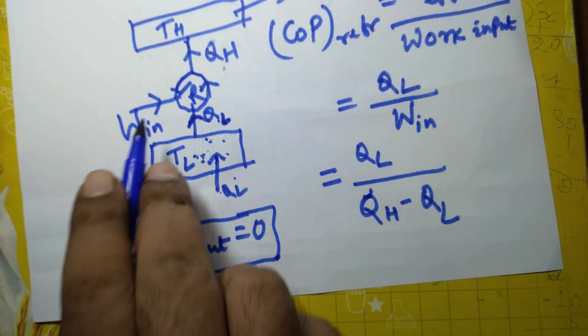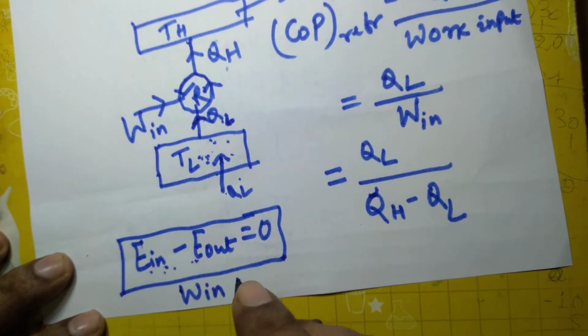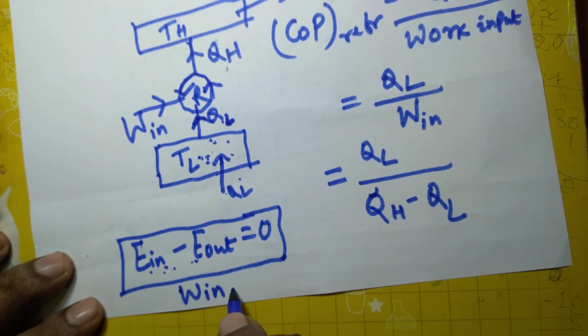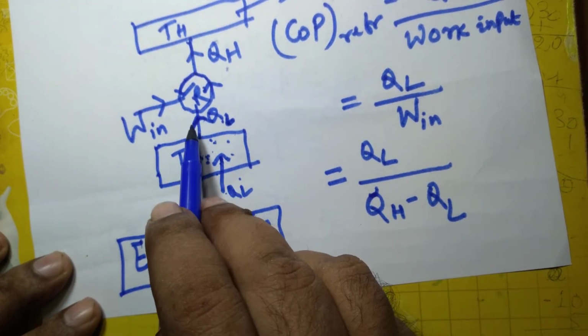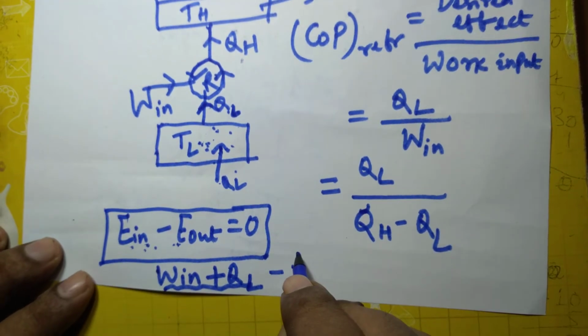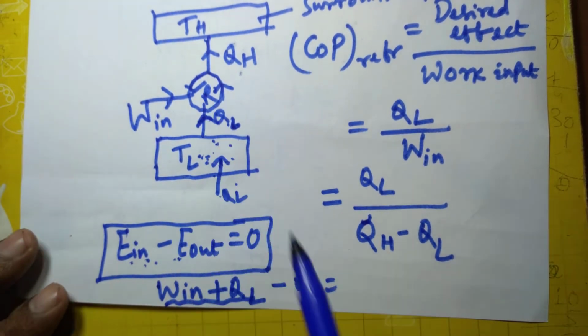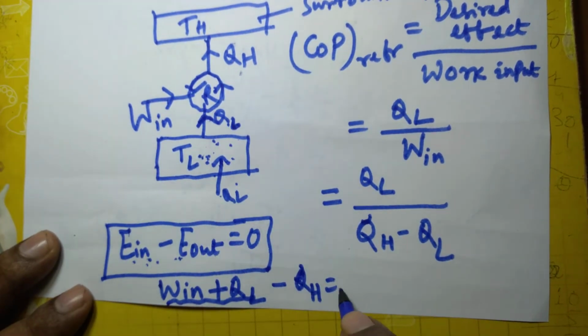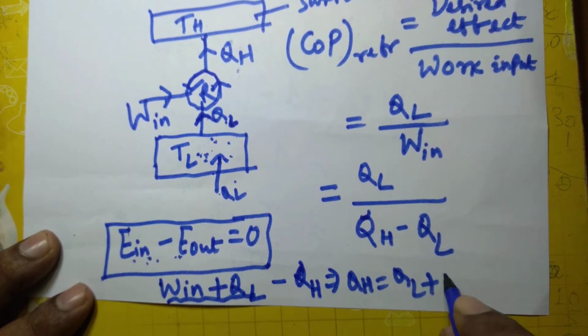So what is the energy entering here? W in, and plus QL is the total energy that enters, whose arrows are towards the system. What is the energy coming out of this system? Only QH. So W in plus QL minus QH is equal to 0. From this, QH is equal to QL plus W in.